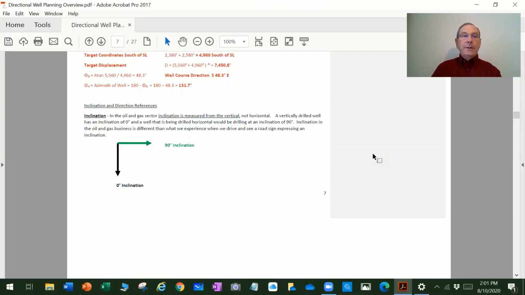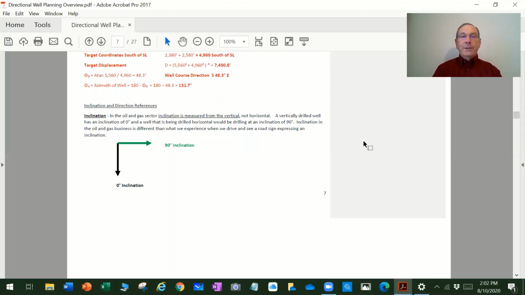Now, inclination and directional references. Inclination in our oil and gas sector is always measured from the vertical, not horizontal. So a vertically drilled well has an inclination of 0 degrees, and a horizontally drilled well has an inclination of 90 degrees while it's being drilled horizontally.